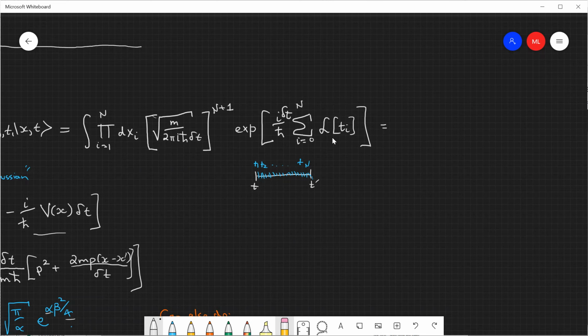And what we're left with is what's called a functional integral. What's this thing? This must be the integral over all the intermediate coordinates. And in the continuum limit, there's an infinite number of them, so it must be over all paths. So these x's, the x of i, represents the coordinate of your system at time t sub i, right?